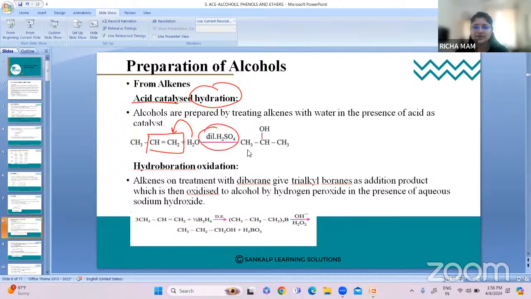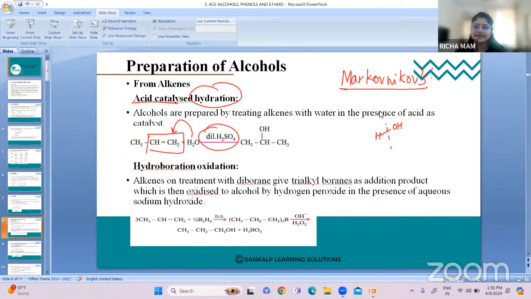Here it will follow a rule called Markovnikov's rule. What does Markovnikov's rule state? Water will split into OH and H plus.